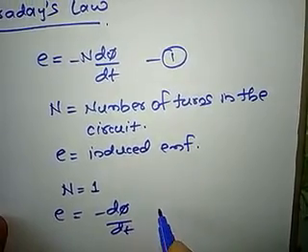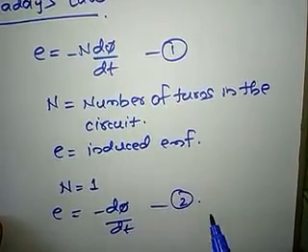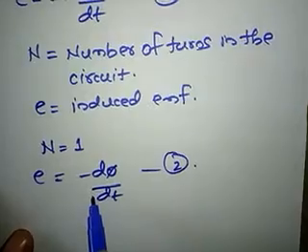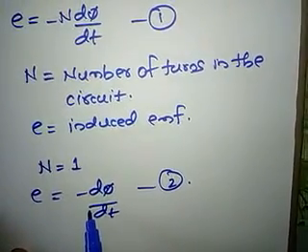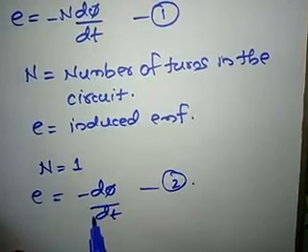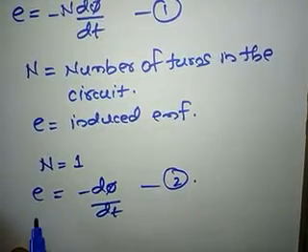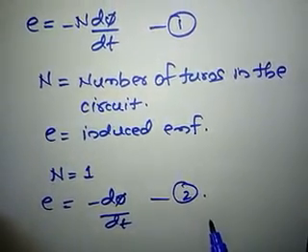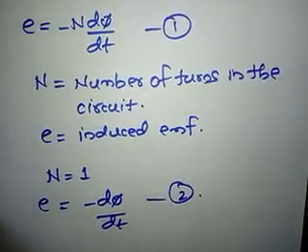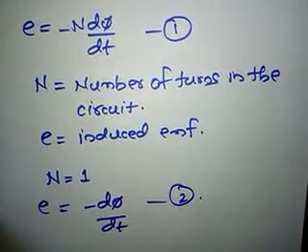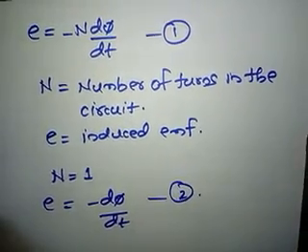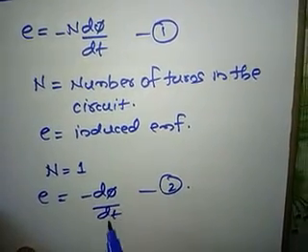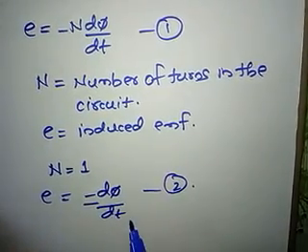Here this minus sign indicates that the effect opposes the cause. That is, when the EMF is induced, the current is induced, so the magnetic flux is produced. This magnetic flux will oppose the rate of change of flux. So the effect will oppose the cause. This is the significance of this minus sign.